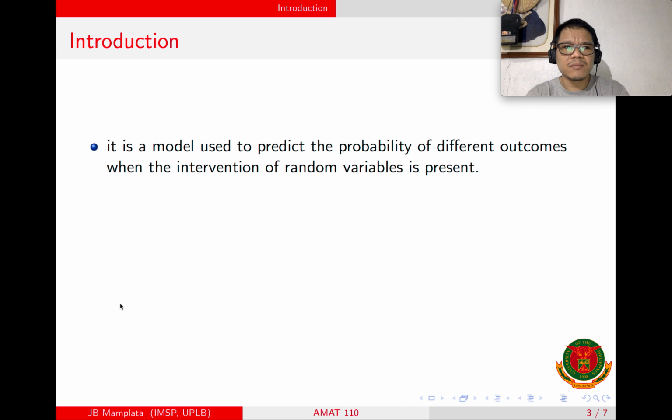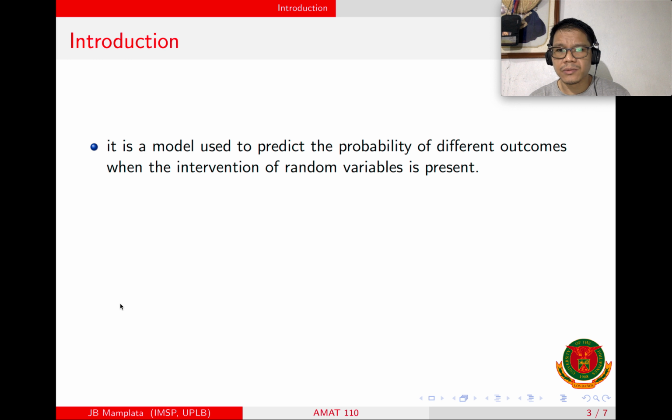Monte Carlo simulation is a model that is used to predict the probability of different outcomes when the intervention of random variables is present. Let me give you an example. Suppose you have a coin, and when you toss a coin, there are two outcomes, head or tail, and you want to determine the probability of showing up head.